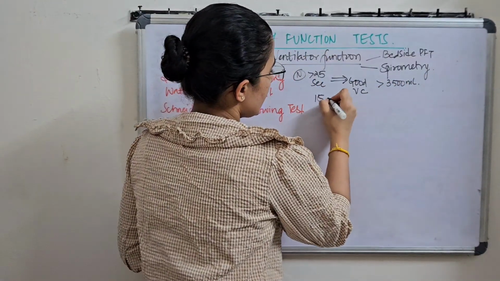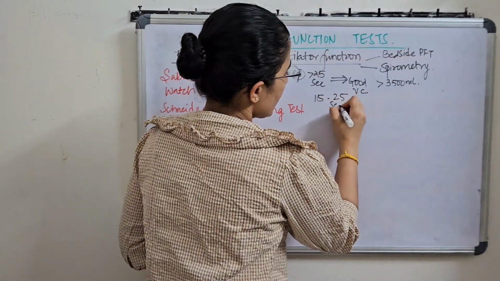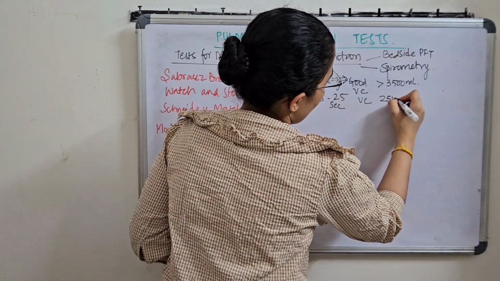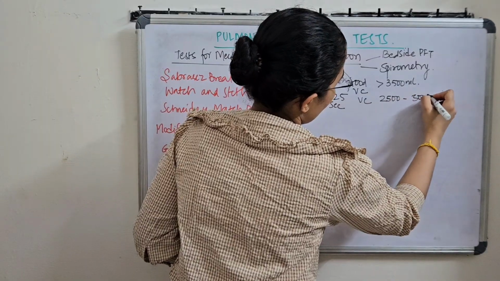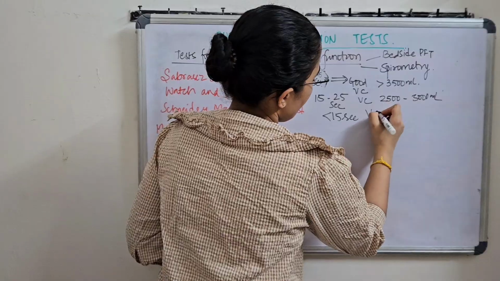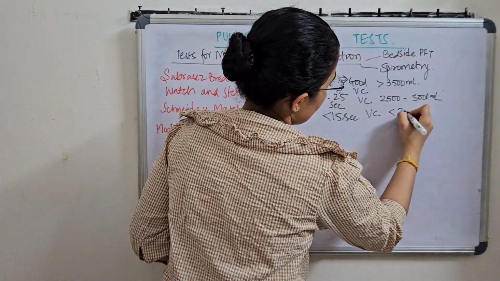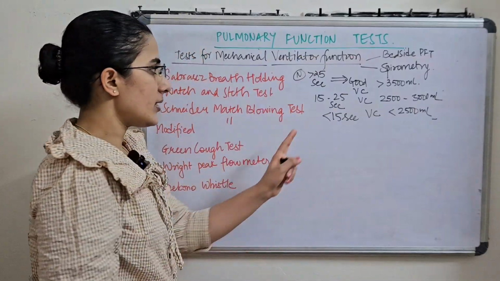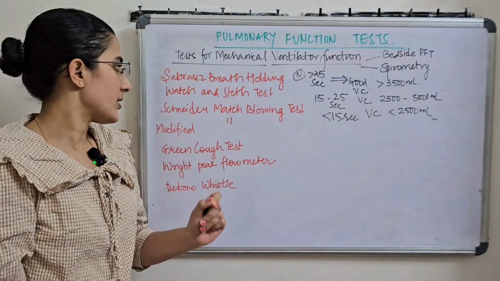If the breath holding test is 15 to 25 seconds, the vital capacity is around 2500 to 3000 ml. Less than 15 seconds of breath holding, that is vital capacity is less than 2500 ml, right? So this is the Sabre's breath holding test.